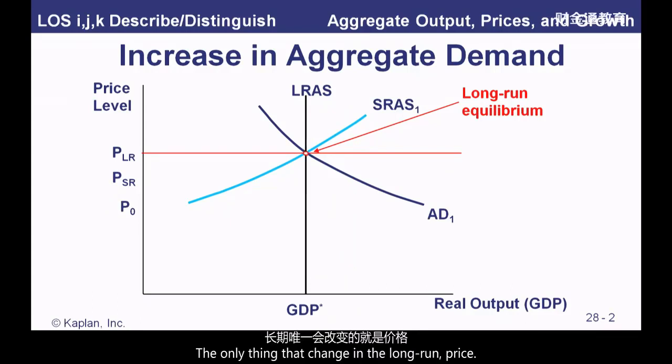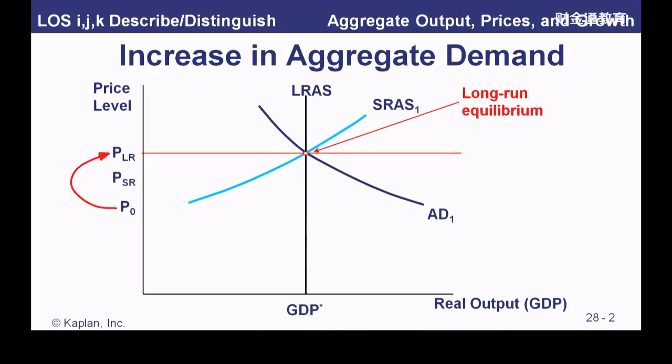The only thing that changed in the long run is price. So in the short run, price went up, GDP went up. In the long run, it's only price.